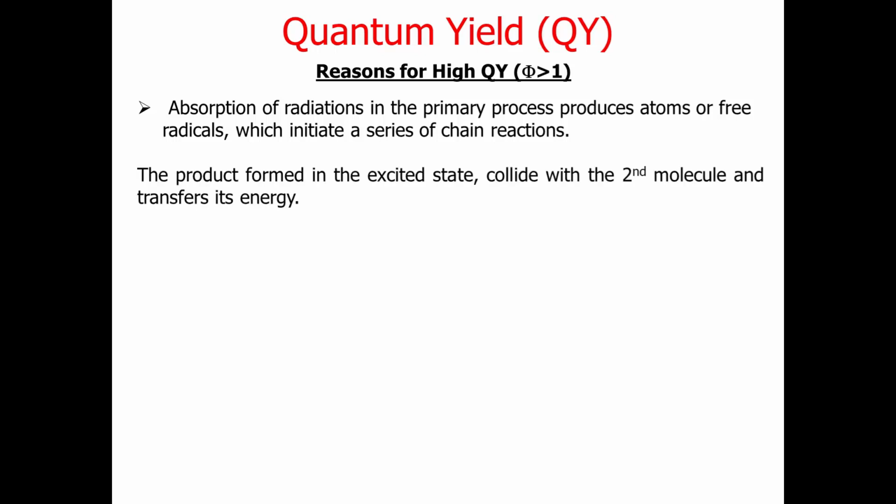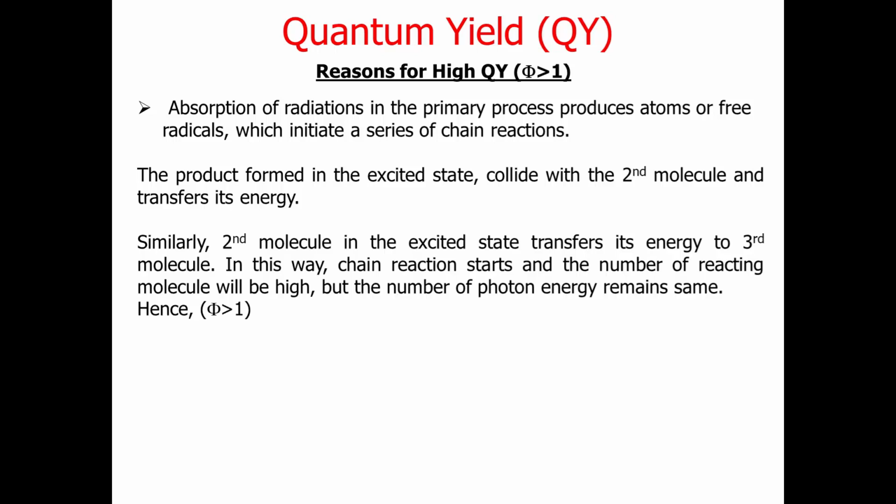The product formed in the excited state collides with a second molecule and transfers its energy to the second molecule. Similarly, the second molecule gets activated in the excited state and then transfers its energy to a third molecule. In this way the chain reaction starts and the number of reacting molecules will be high, but the number of photons remains the same.